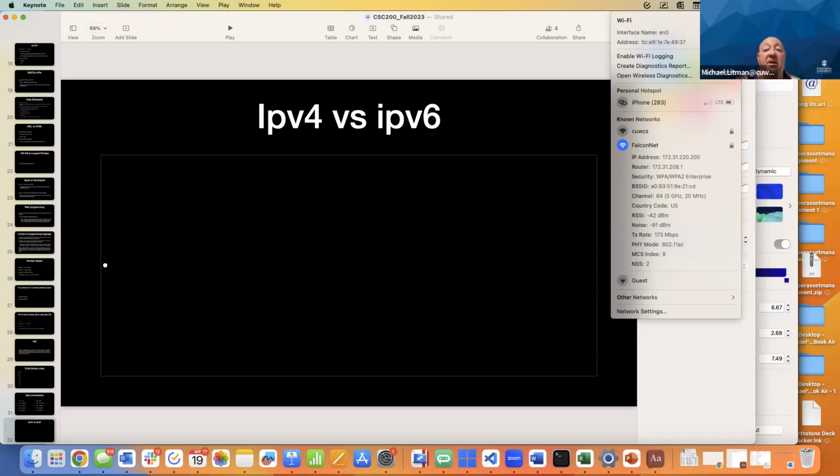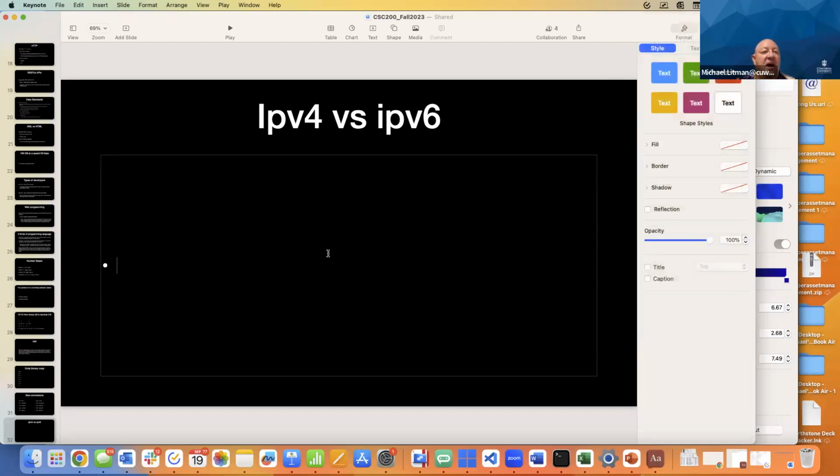But if you've ever been at home, you see your IP address is something like 192.168 something or 10 something. Those are what are called non-routable IP addresses, which ultimately means they're only uniquely identifying your computer in your house on the network you're on.